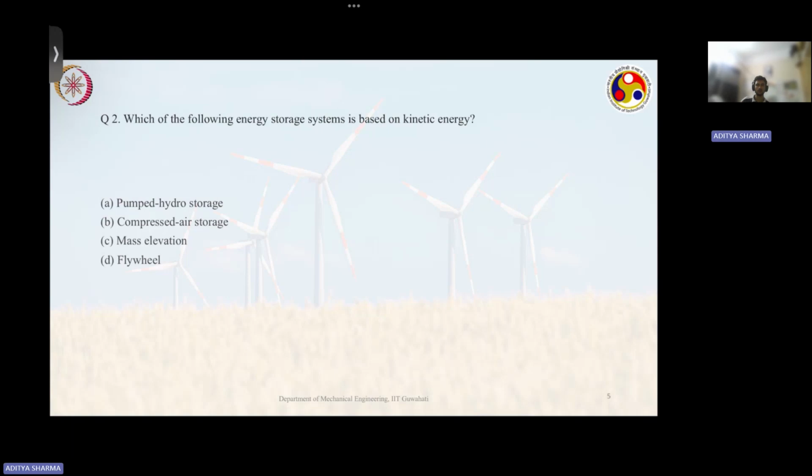Fourth is flywheel. First option is your potential energy. Second again is your potential energy.